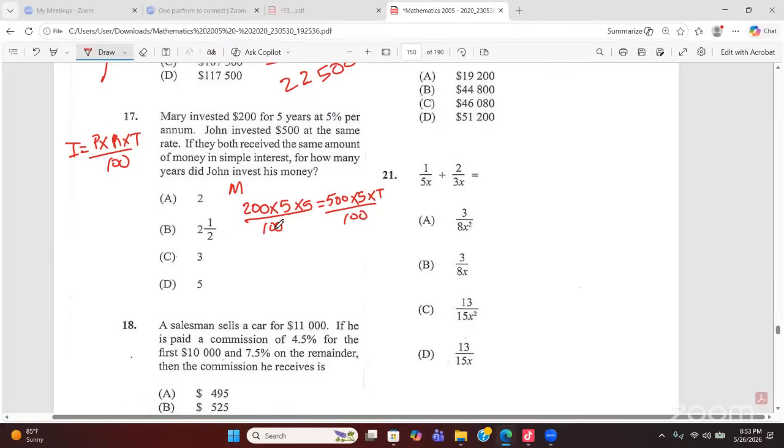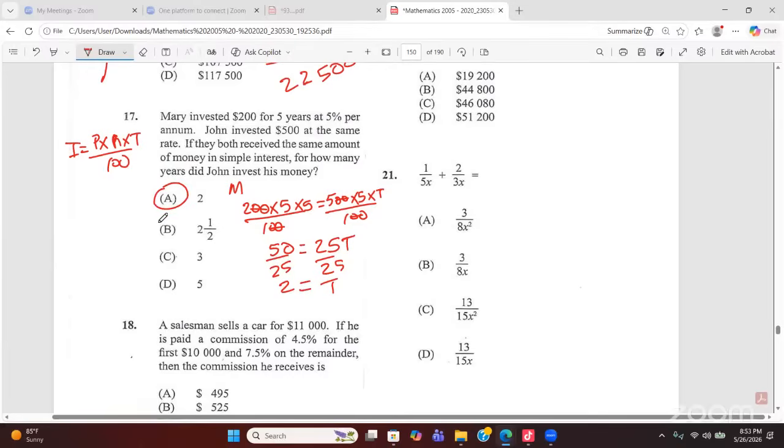The 100s cancel. On the left side, we have 50 because 200 times 5 times 5 over 100 is 50, equal to, as you could see, 25 with a t. In order to find t, we divide by 25. I hope everybody sees this. We get 2 is equal to t, and we're good. You just break it down and you're good.